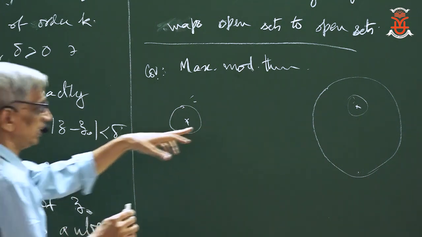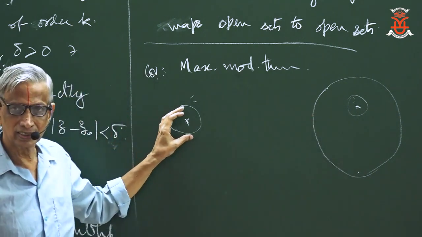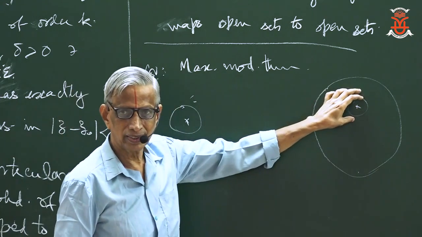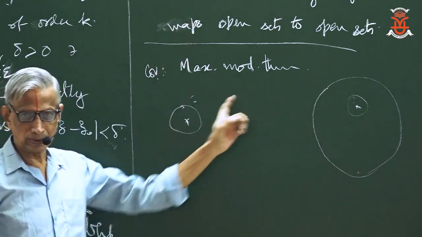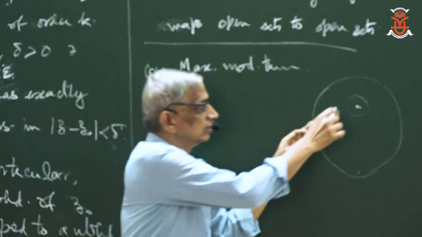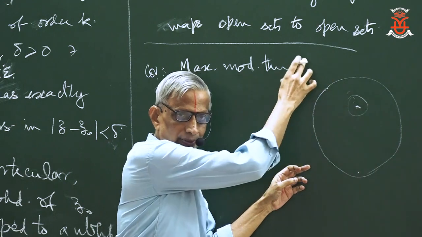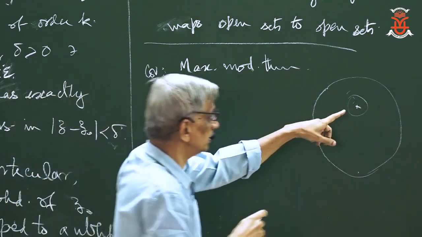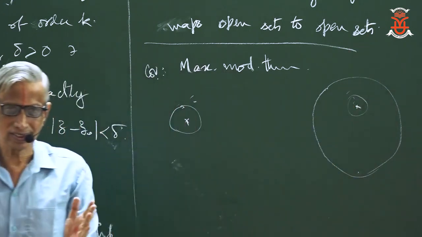But if you take f(z naught) here, look at the neighborhood here. So you have an open set, the image. The image of this disk is mapped into this disk by the open mapping theorem. Okay, so f(z naught) is here, but what is the modulus?